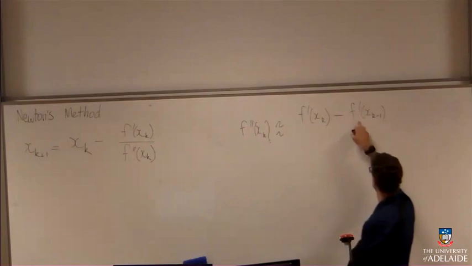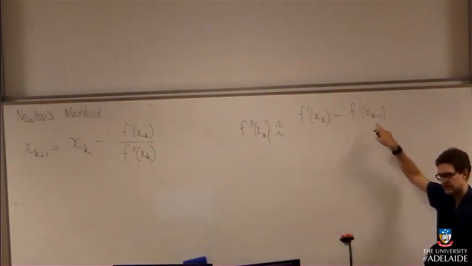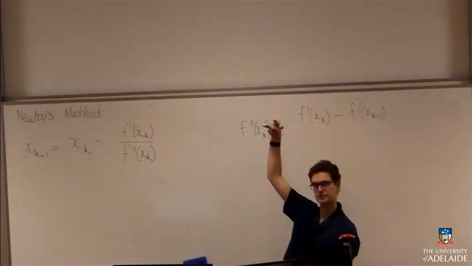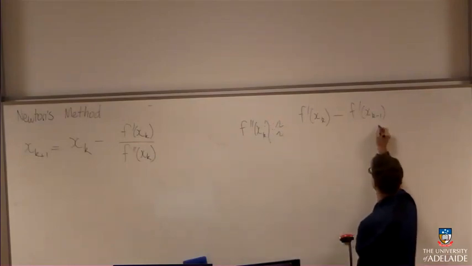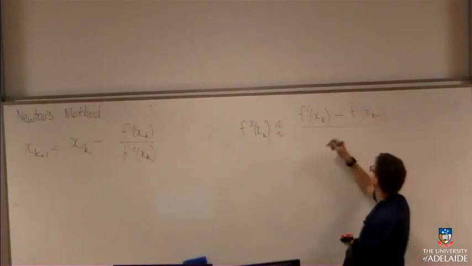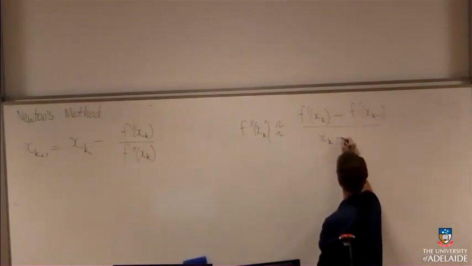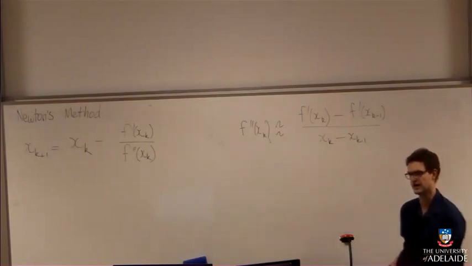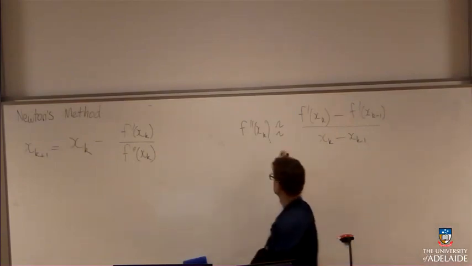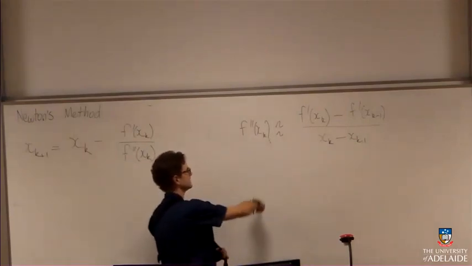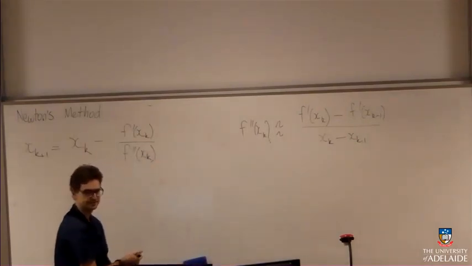Let's pick the previous iteration. So we've got two different points on this curve. We take the difference between them, so that's like the rise, and then we put this over the run, the distance between these two points along the x-axis, so that's xk take away xk minus 1. So the two previous iterations we can use to approximate the gradient of f prime of x, or the second derivative of f at xk.